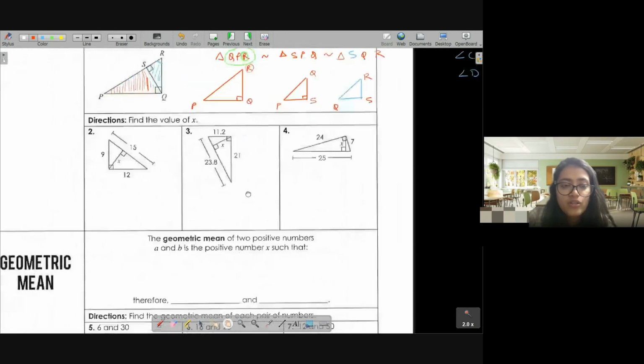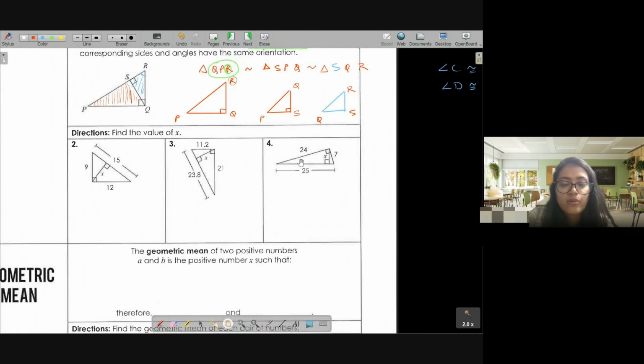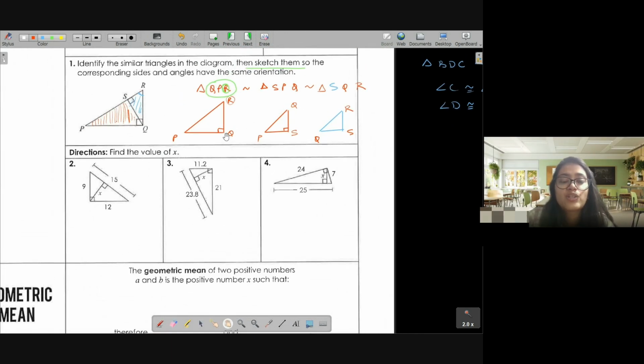In questions 2, 3, and 4, always sketch the triangles individually before solving, otherwise you might make a mistake. First, you need to identify which similar triangles you are taking.